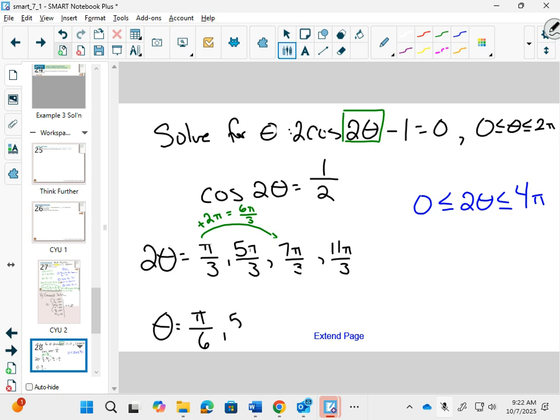And if we keep going with that, this will be 5 pi over 6, 7 pi over 6, and 11 pi over 6. And all of our answers now are between 0 and 2 pi, which is what the question originally wanted. Okay, so circle question number 10.